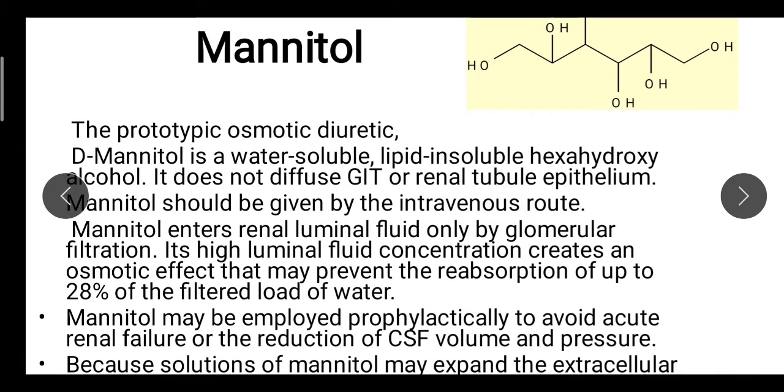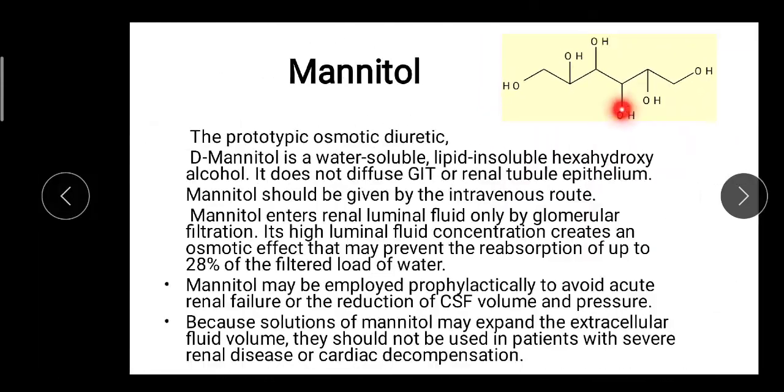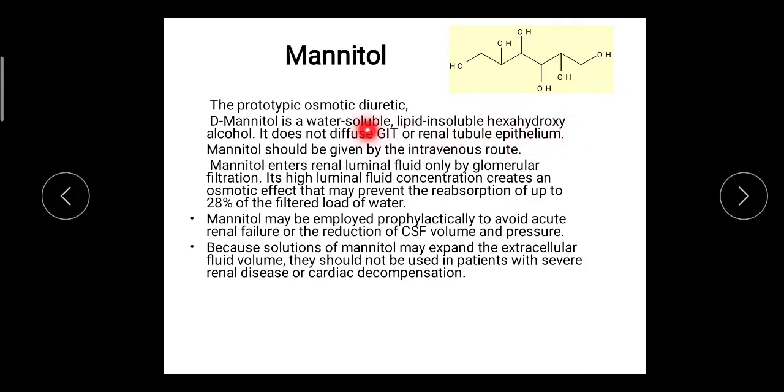So it is called a hexahydroxy alcohol: 6 carbons with 6 hydroxy groups. So mannitol, or D-mannitol, is an osmotic diuretic. D-mannitol is a water soluble, lipid insoluble hexahydroxy alcohol.